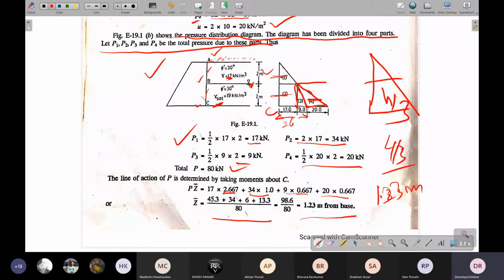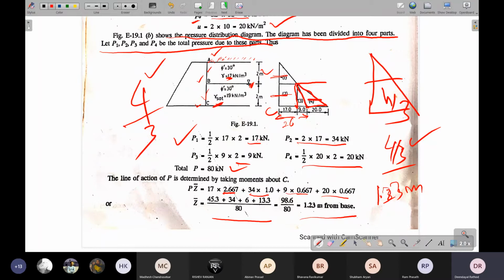It would be very near to this one. Total height is 4, so h by 3 is 4 by 3. How much will you get if you divide 4 by 3? 1.33. So here you will get 1.23.